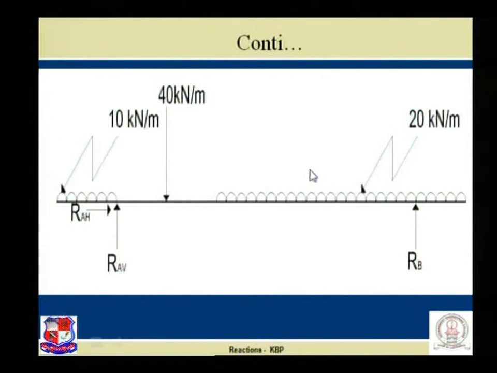Carefully visualize this whole beam: no horizontal force or inclined force is acting. So automatically, if we use sigma H is equal to 0, RAH comes to be 0. If we take sigma V is equal to 0, the load which is acting downward is equal to the total load which is acting upward.